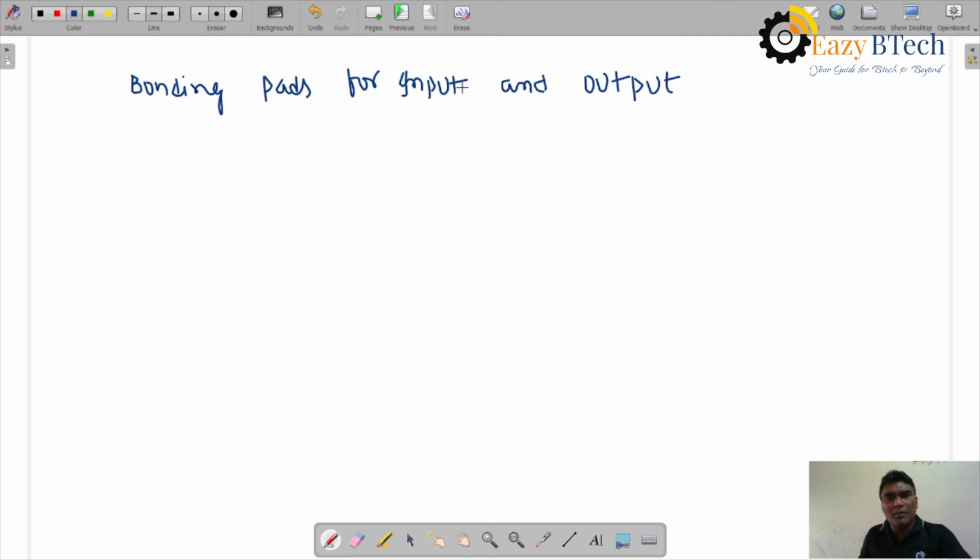So verify the bonding pads for input and output, and what is the plan for the package, the packing. After fabrication, the packing is required.